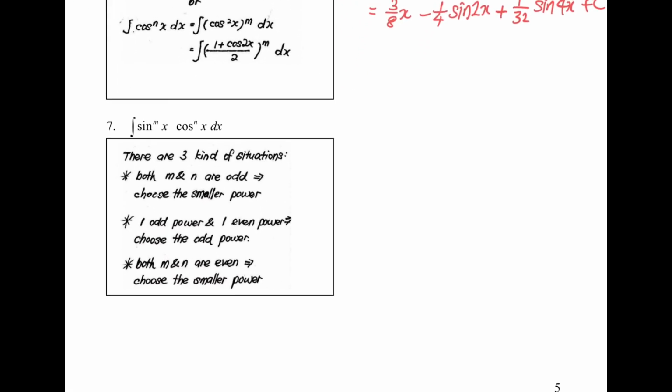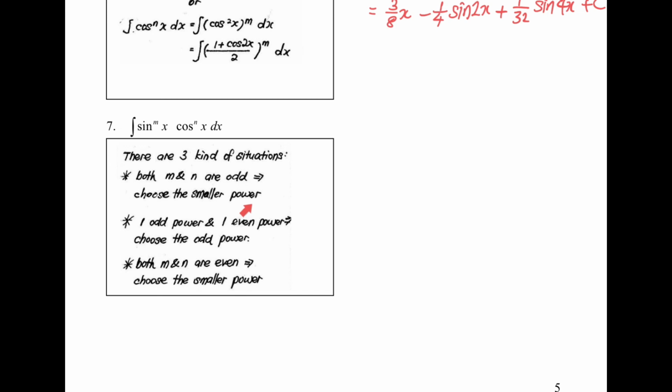Okay, now let's see number 7. Number 7 is a situation where we have integration of sine to the power of mx, cos to the power of nx. There are 3 kinds of situation. Both m and n are odd: choose the smaller power and apply the identity.